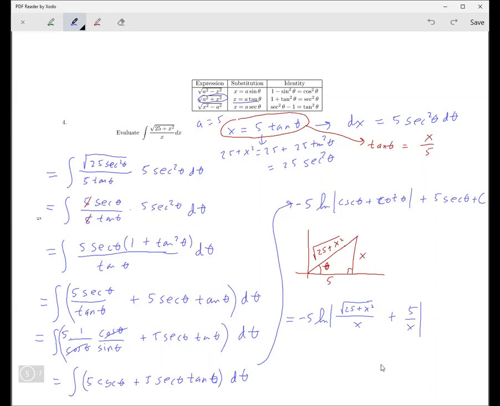And then the secant, okay, the cosine is 5 over that, so the secant is this over 5. But it'll just reduce with that 5, so it should be just this. And then have a plus a constant on the end.